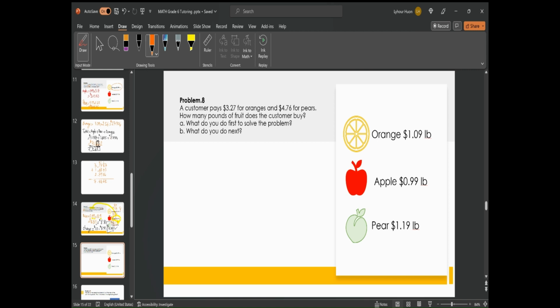If this is the cost of the orange, and we know that 1 pound of orange is $1.09, but you already spent $3. So the question is, how much orange do you receive in weight?